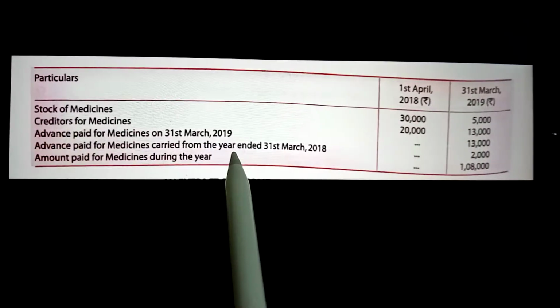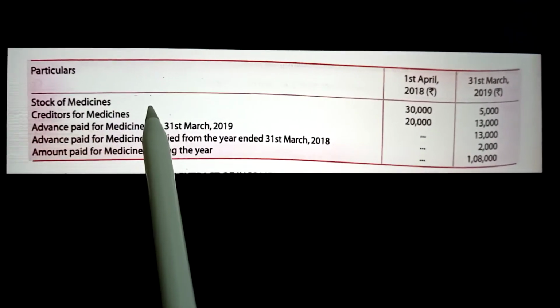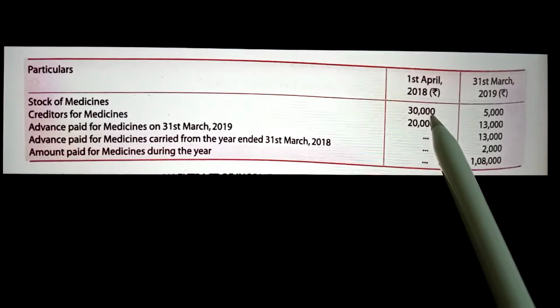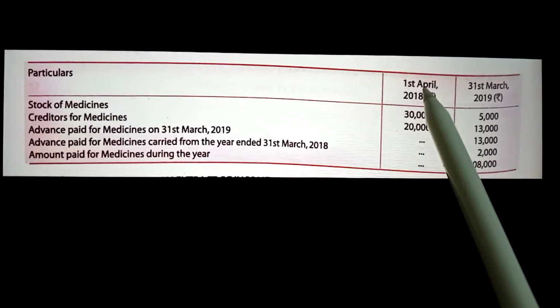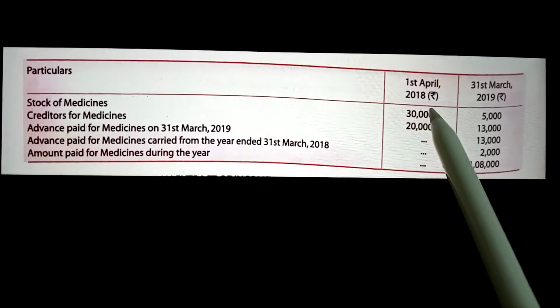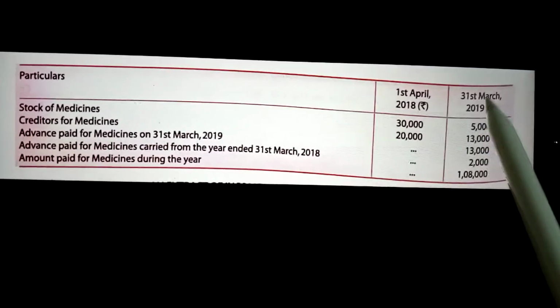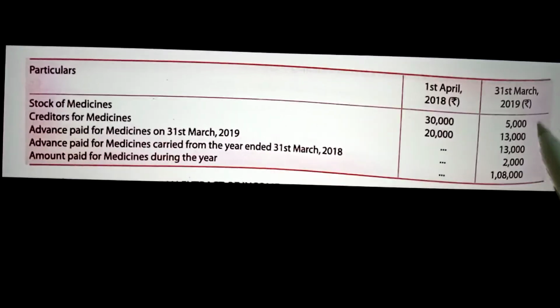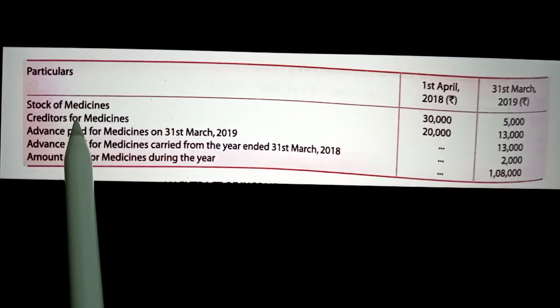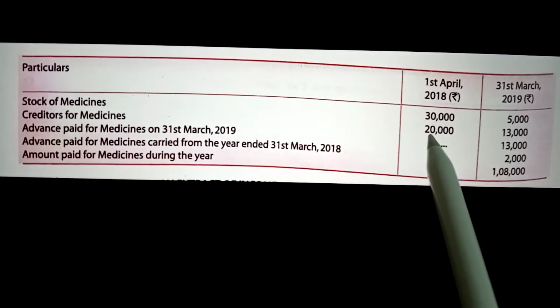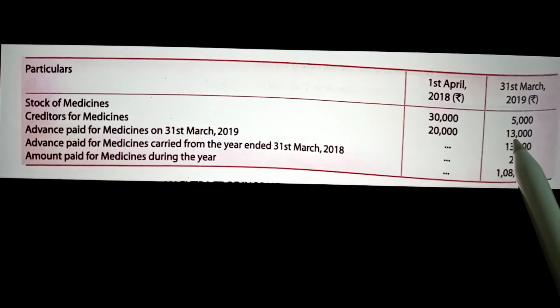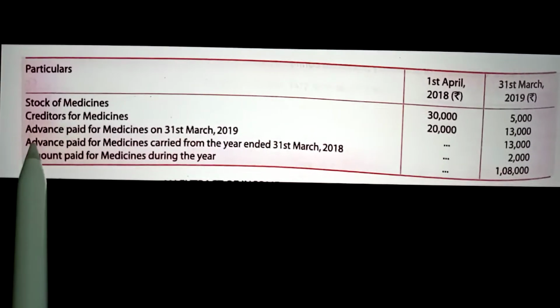The information is given that the stock of medicines, opening stock, is 30,000 as on 1st April 2018 and closing stock is 5,000 as at 31st March 2019. Creditors for medicines, opening creditors are 20,000 and closing creditors are 13,000.